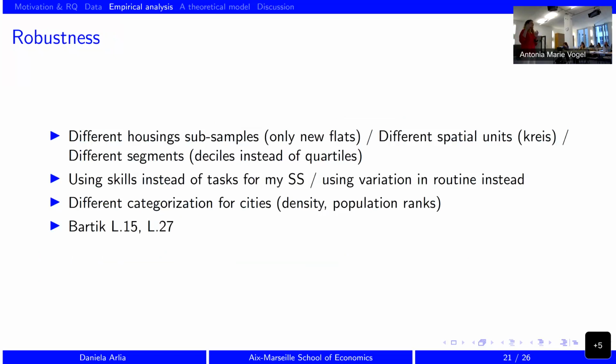So there is a series of robustness checks that I still need to do. But for the moment, I'm using different types of categorization for cities, for my Bartik, for the housing, and, as I mentioned, different lagged instruments.